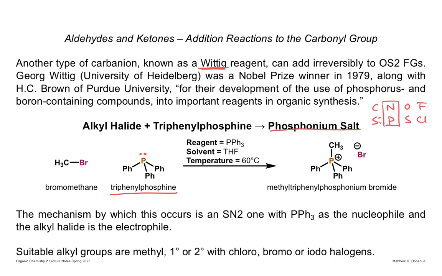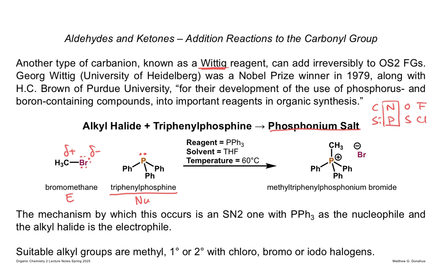So just like with nitrogen, phosphorus has a lone pair of electrons. So that's going to be a nucleophile. So nucleophile is going to react with an electrophile. In this case, we'll use bromomethane. So we know bromine has 3 lone pairs. It's delta minus. The carbon's delta plus. So the lone pair is attracted to the carbon.